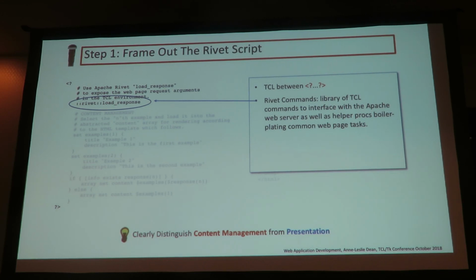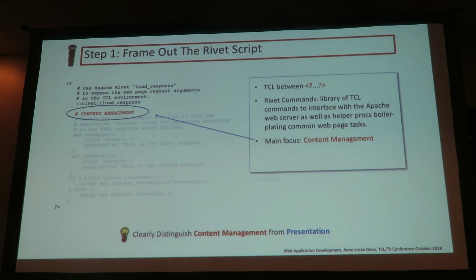This one here, load response, is a proc that takes the commands from the URL, puts them into an array called response. So now I can access them. It's down here, you'll see it in a minute. That's where the little N goes.